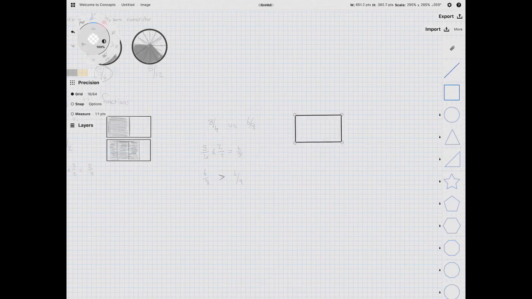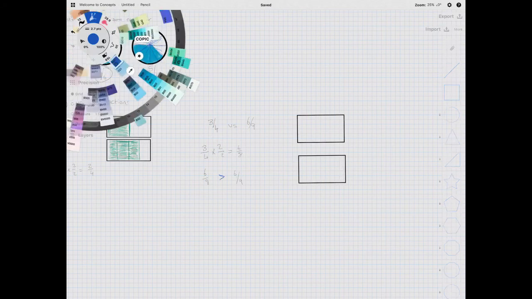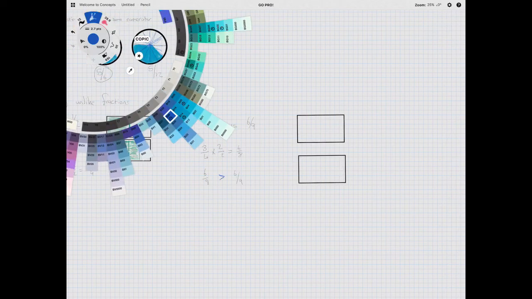Maybe it's good to use this rectangle now. And we can duplicate it and bring it down here. So the first fraction that we had was 3/4.